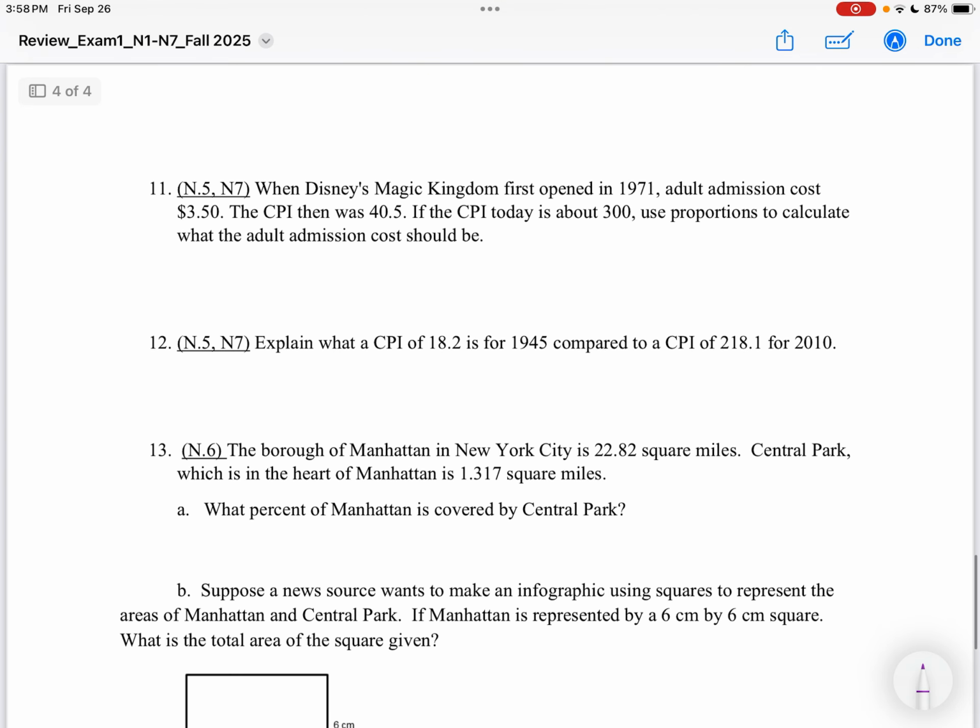There's another CPI question, 11. When Disney's Magic Kingdom first opened, it says that adult admission cost $3.50, and that was a CPI of 40.5 in 1971. Create a ratio: 3.50 over 40.5, admission versus CPI, equals the admission cost over the CPI today, 300.